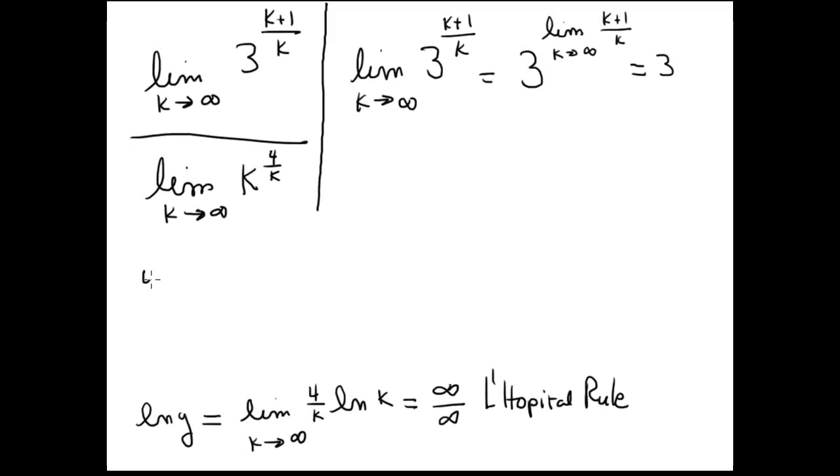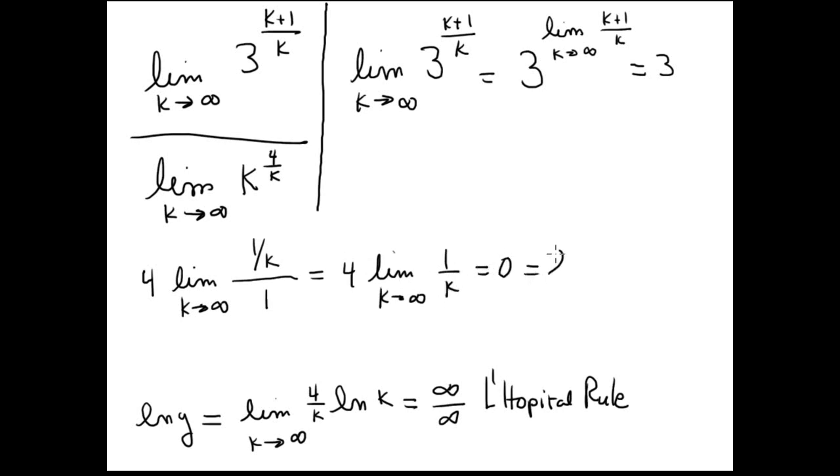Okay, that 4 you put outside the limit. And now you differentiate. The derivative of the logarithm of k is 1 over k, and the derivative of k is 1. This is 4 times the limit as k approaches infinity of 1 over k, which is 0.